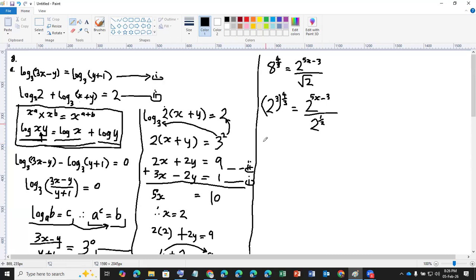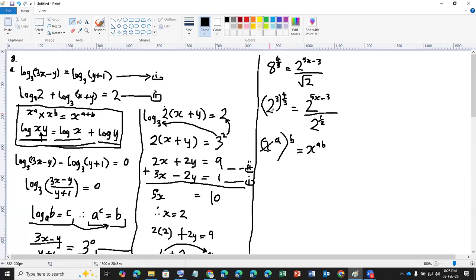Of course you know the law that x to the power of a, all raised to the power of b, is equal to x to the power of ab. That is just saying that the power inside will multiply the power outside.